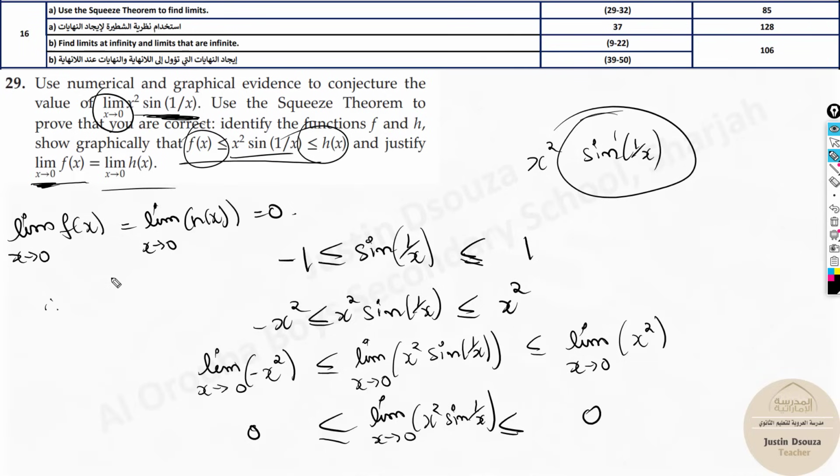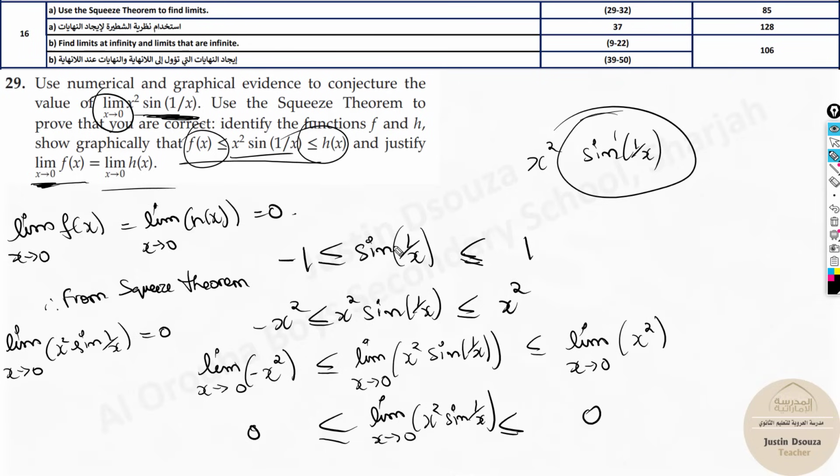Therefore, from the squeeze theorem, limit as x tends to 0 of x square sine 1 by x will be equal to 0. So this is enough, I believe.